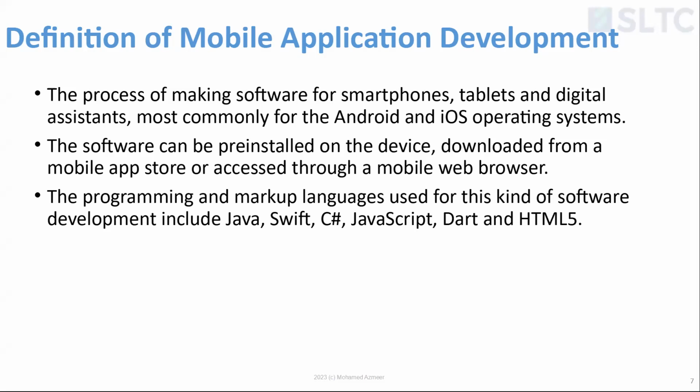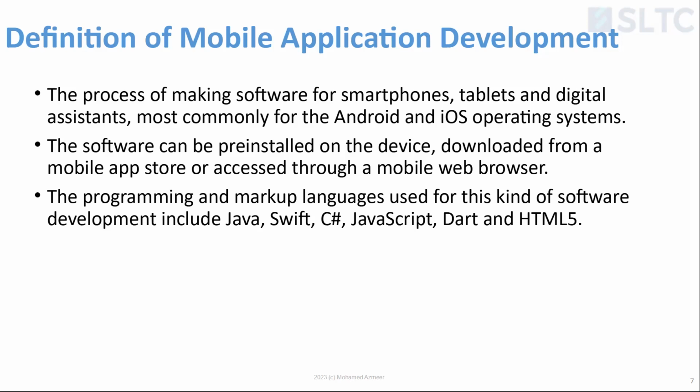So the software can be either pre-installed on the device, downloaded from an app store, or accessed through a mobile web browser. So there are three ways. When you're buying a phone, or when you install the operating system on the phone, you get some apps on the phone, right? Like the address book, for example. What are the basic apps you get?